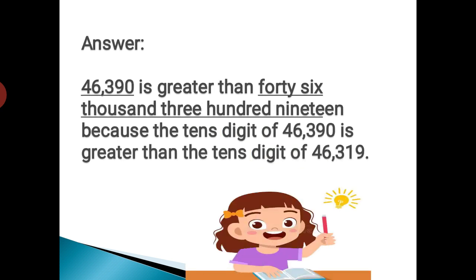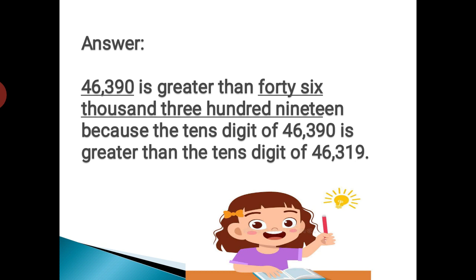So here is the answer. 46,390 is greater than 46,319. Children, as you can see, first we compare the thousands place. In both numbers we have 46 only. Now the hundreds place is also the same.